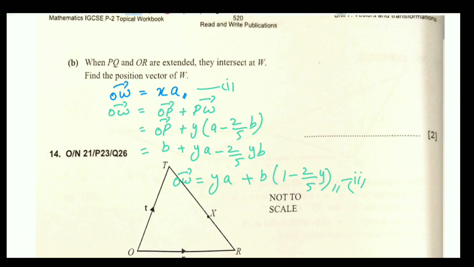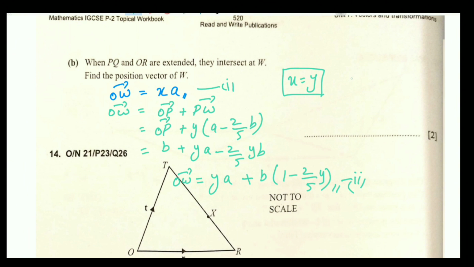So now if we compare equation number 1 and 2, XA and YA, it means that X is equal to Y. Now on the other side, we don't have the value of B in equation number 1, but we have it in equation number 2.